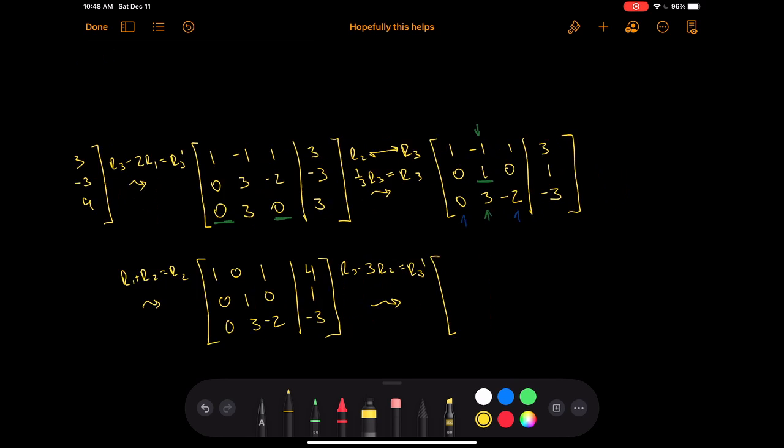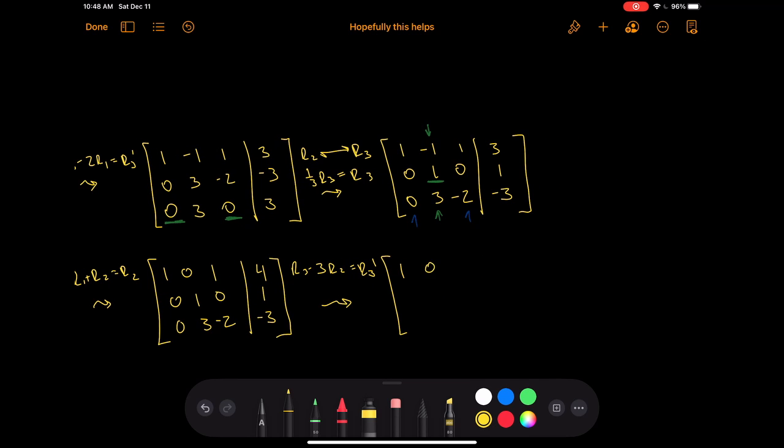And so the top one remains unchanged. Middle one remains unchanged as well. And then the last one, the zeros are zeros. And then we have 1 minus, oops, sorry, this one's -2. So we'll have 3 minus 3 times 1, so that'll just be 0.